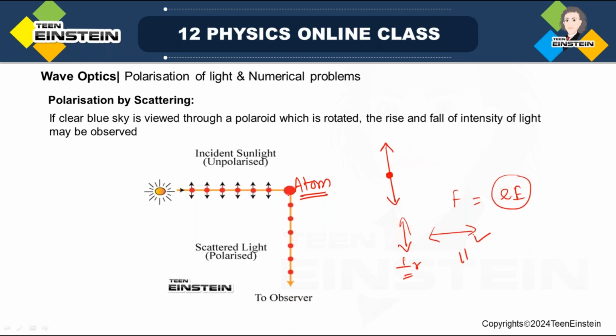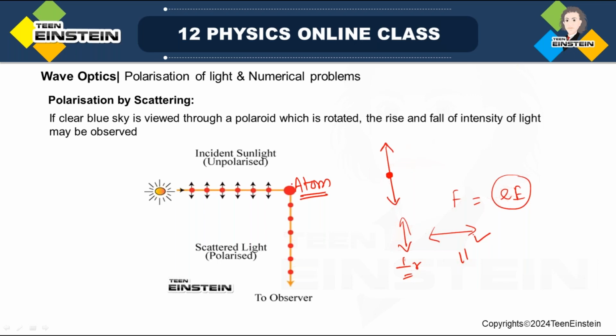When we view this scattered ray from a direction which is perpendicular to the direction of the incident ray, then we see completely polarized light with the electric field vector oscillating in a direction perpendicular to the plane of the paper. I'll repeat this once again.